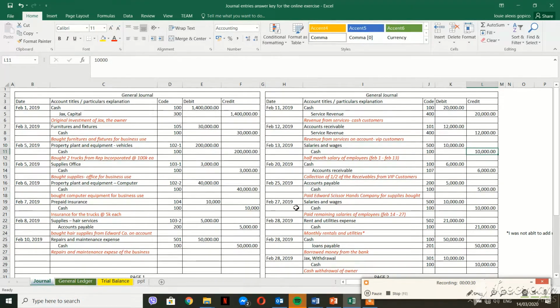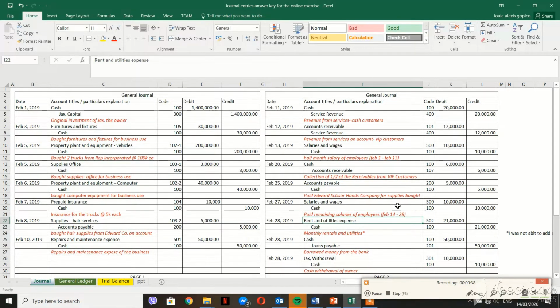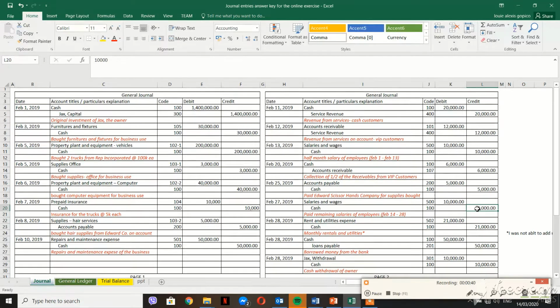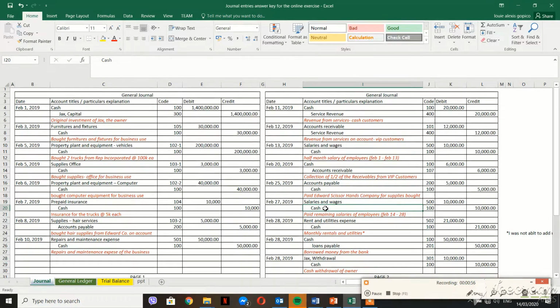And on February 28, we paid the remaining amount. So we paid another 10,000. Salaries and wages is an expense. It is basically the sweldo of the employees. Gastos natin yun. Okay? We are paying them. So we paid them cash. Nagbayad tayo ng cash.